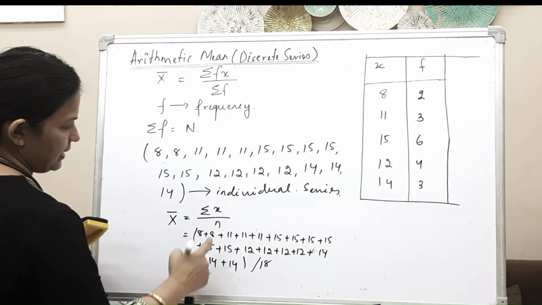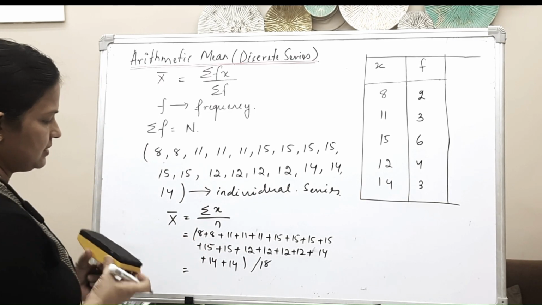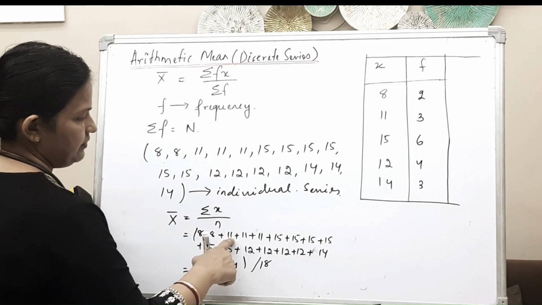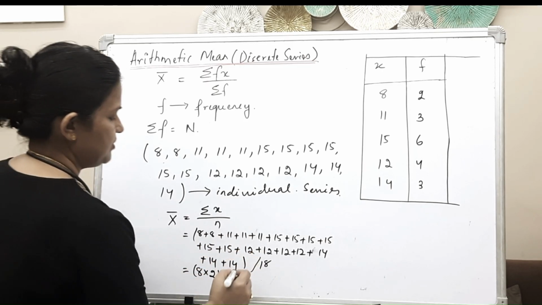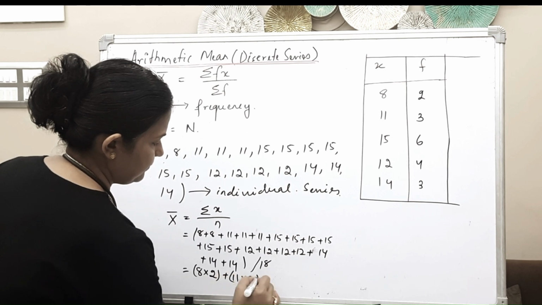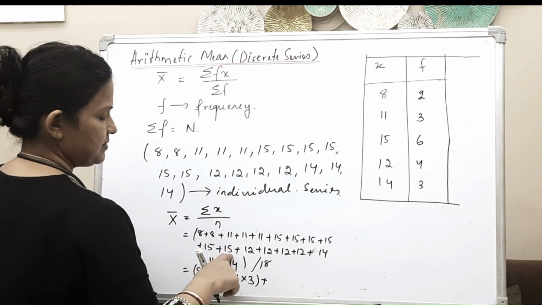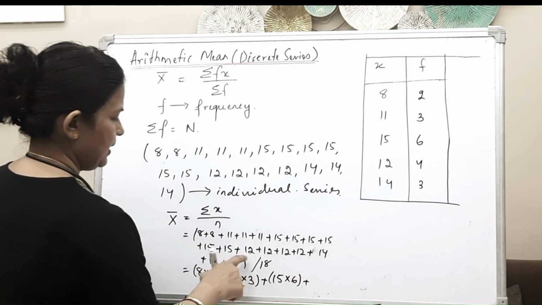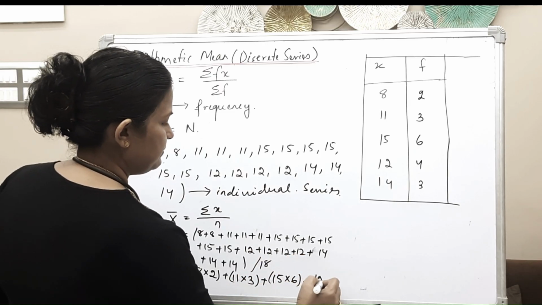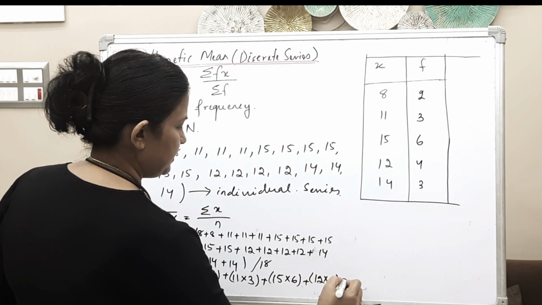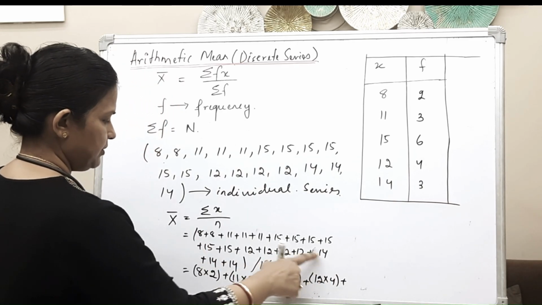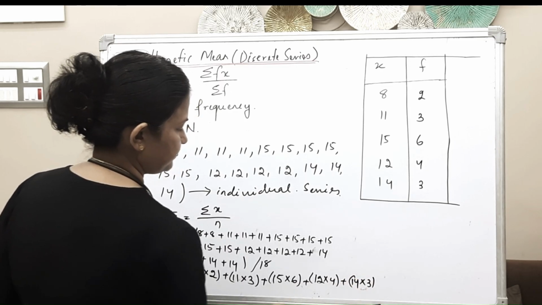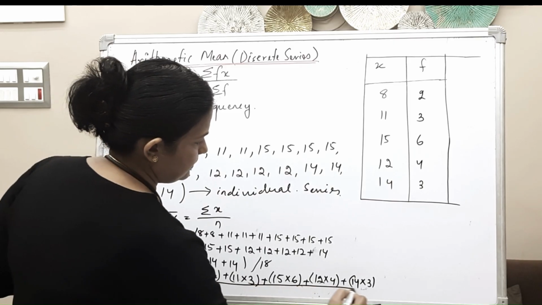Otherwise we can write like this. 8 plus 8 is nothing but 8 into 2, plus 11 is added 3 times, so I can write 11 into 3, plus 15 is added 6 times, so 15 into 6, plus 12 four times, so 12 into 4, plus 14 added 3 times, so 14 into 3, whole divided by 18.